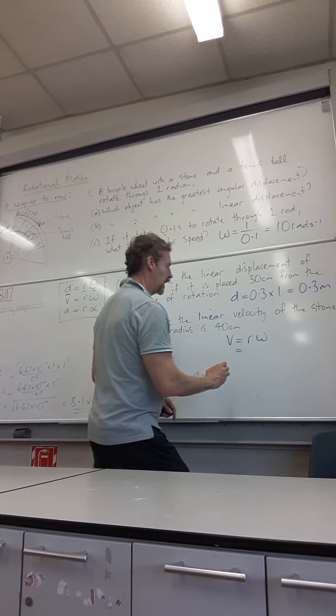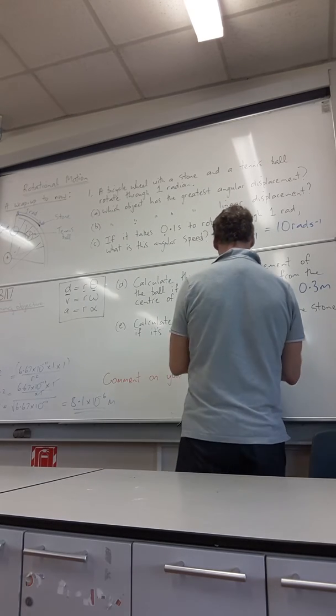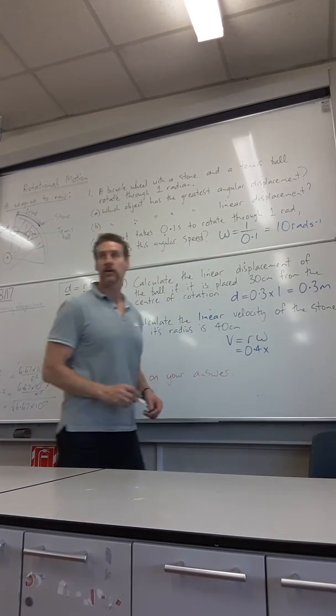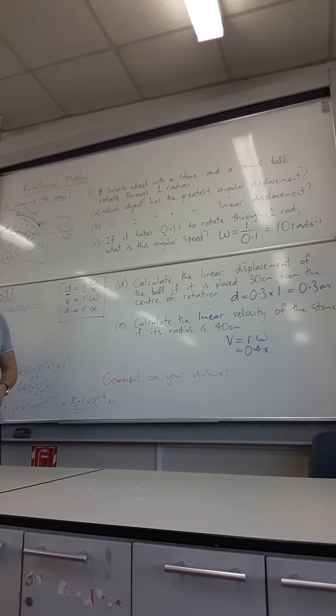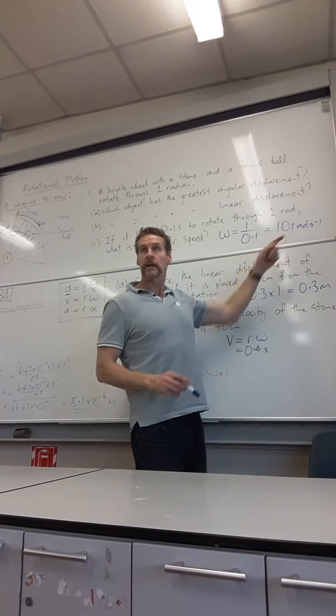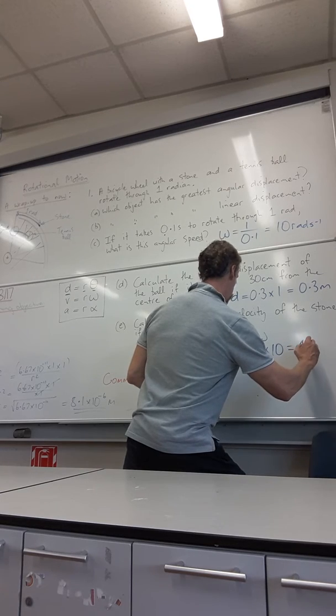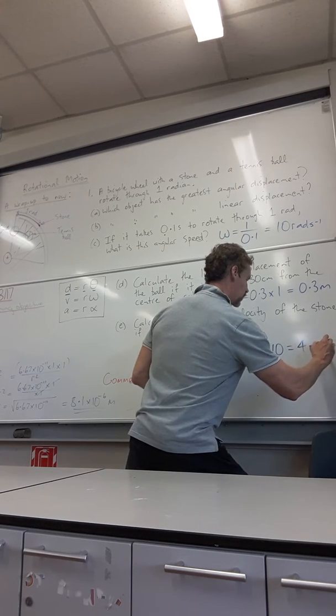Do I know what r is of the stone? It's 0.4. Do I know what the angular velocity is? Didn't I calculate it up here somewhere? Angular velocity 10. Look, 0.4 times 10 equals 4 meters per second.